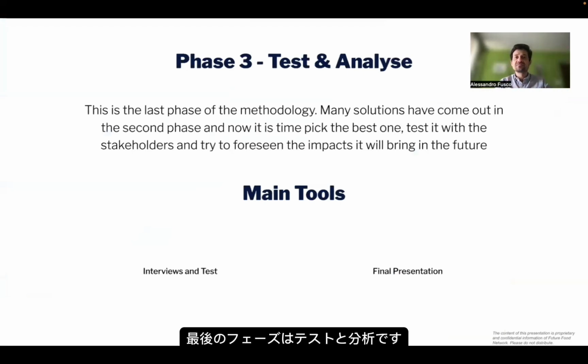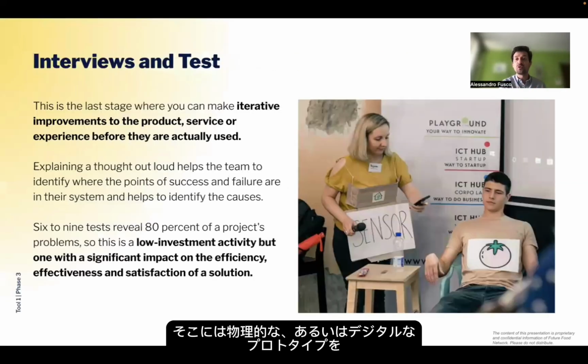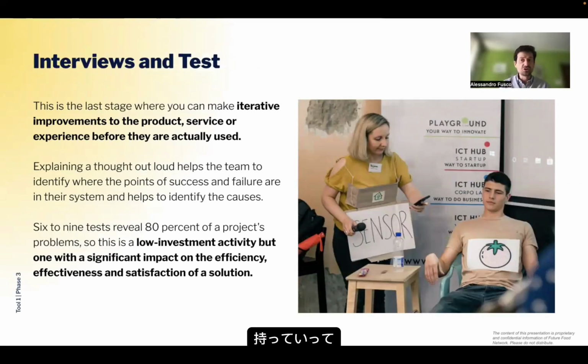The last phase: test and analyze. As we saw before about observing, going outside of your comfort zone and talking with real people, with the real community, I invite you to take your prototype, physical or digital, and to test it.